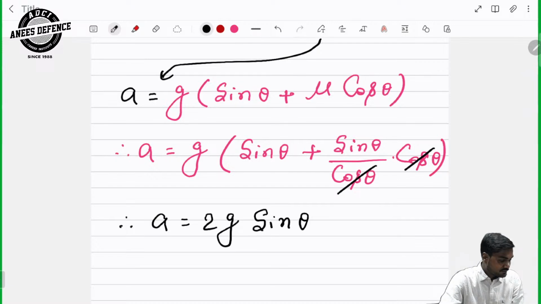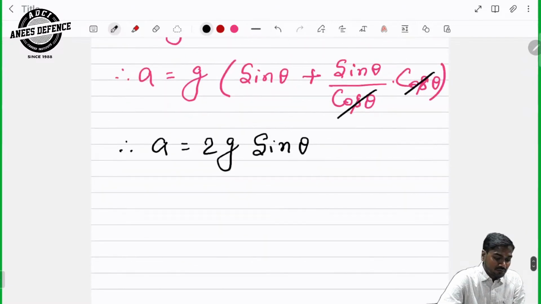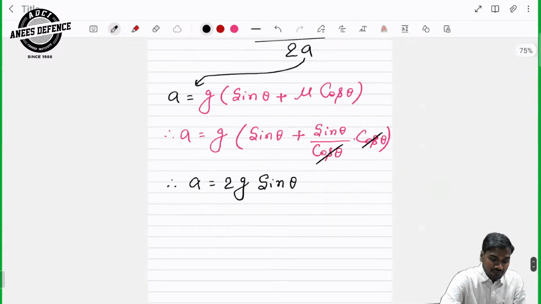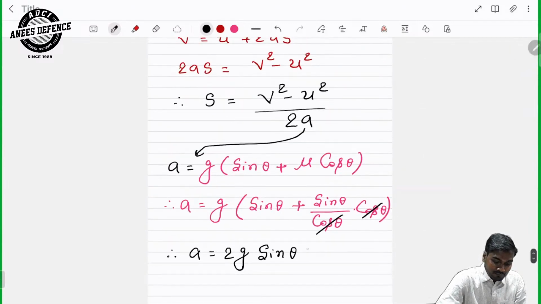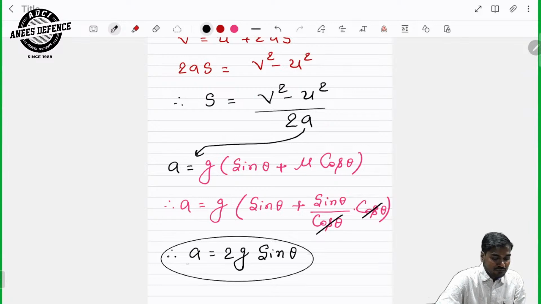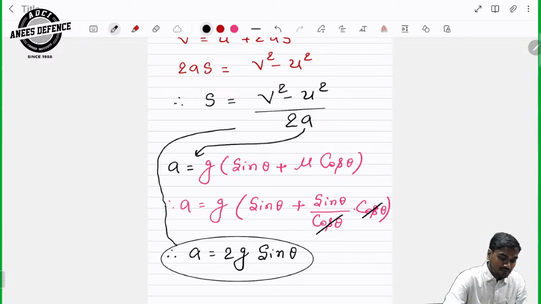Now put that value here. Acceleration is equal to 2g sin theta, and the factor 2 is already present in the denominator, so 2 into 2g sin theta gives 4g sin theta.